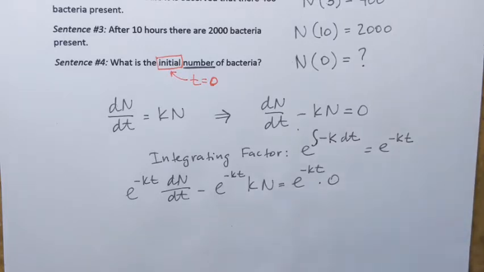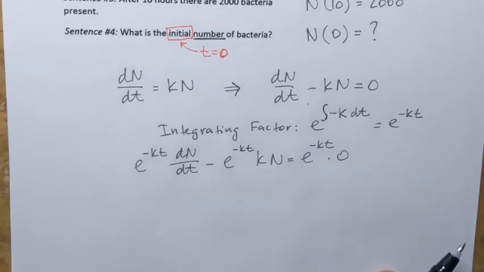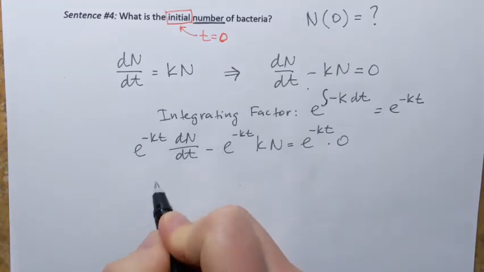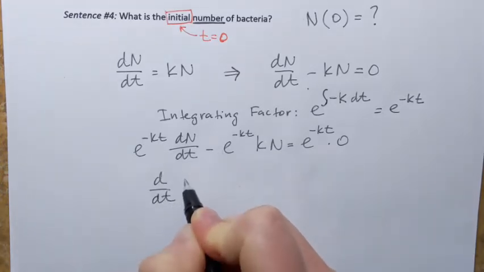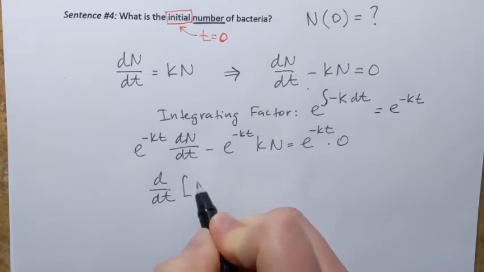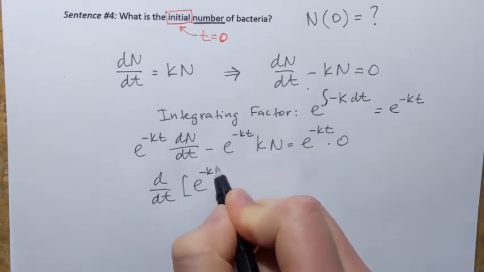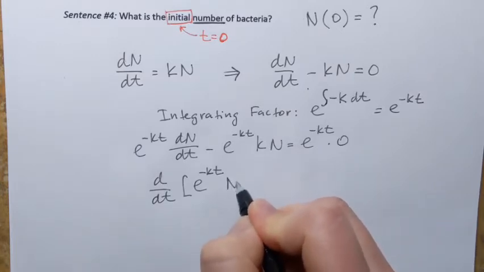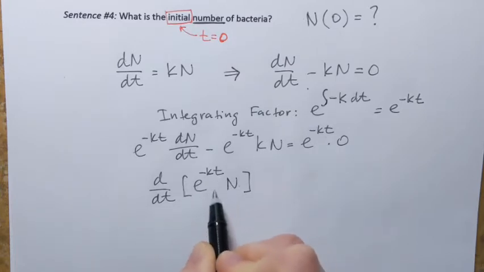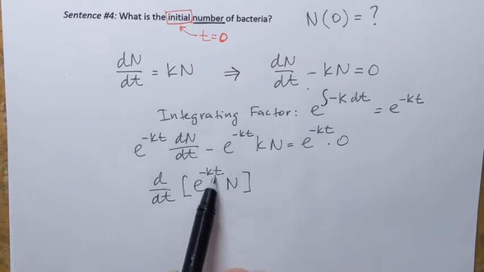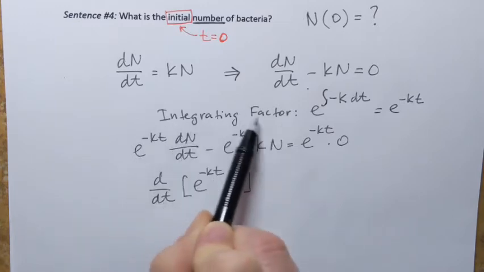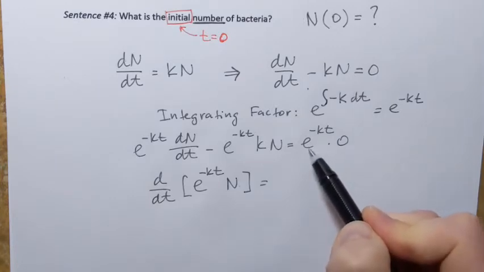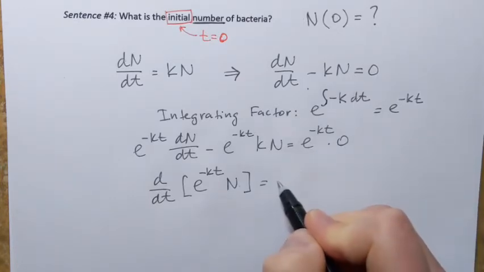Without going into much detail of the process, we know that the left-hand side is the derivative of the product of the integrating factor and the dependent variable. So that's n in our case. And you can always check that by applying the product rule. If you apply the product rule, you will end up with this left-hand side. But now the right-hand side is, well, whatever it is. So in this case, it's e to the power times 0, so it's simply 0.